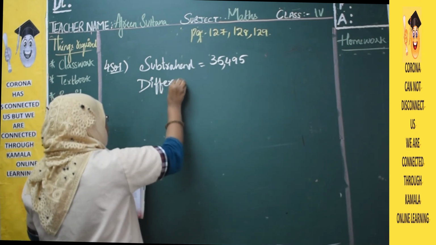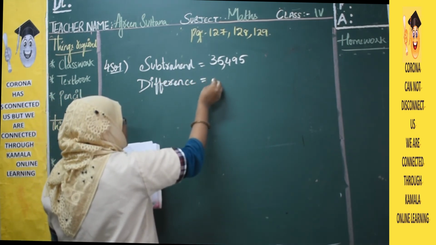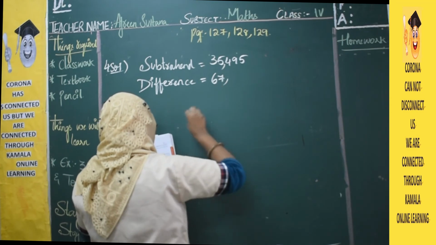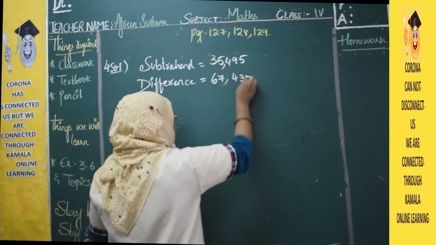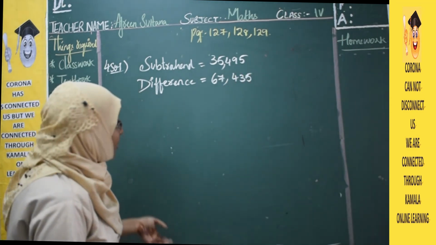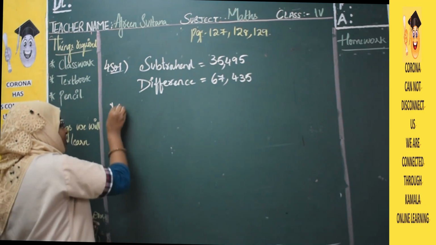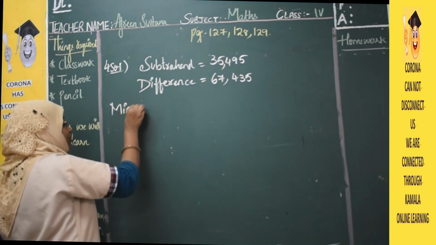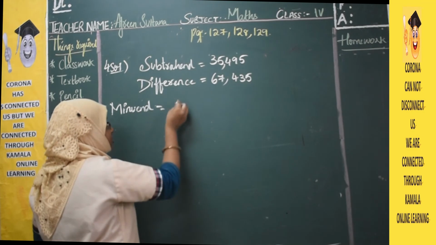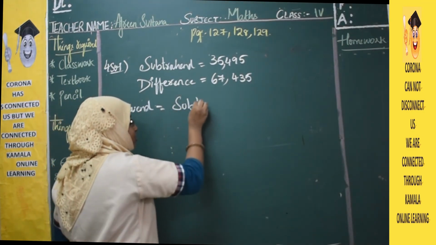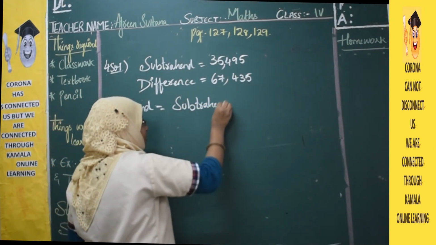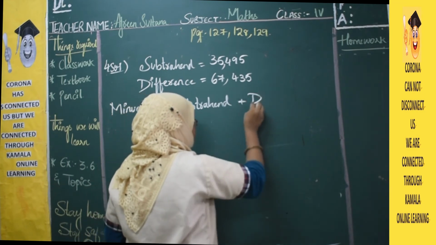So what is the value they have given for the difference? That is 67,435. We need to find the minuend. Simply apply your formula: to find the minuend, you need to add both the values, that is your subtrahend plus difference.